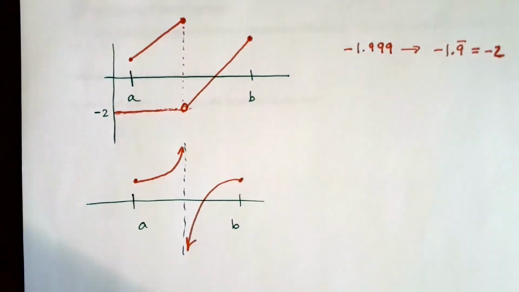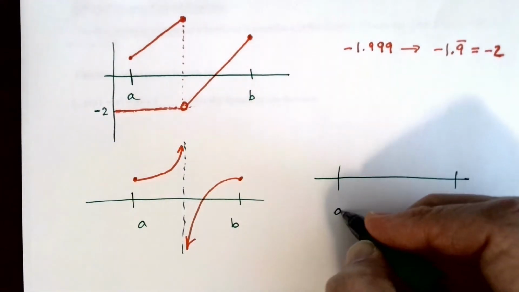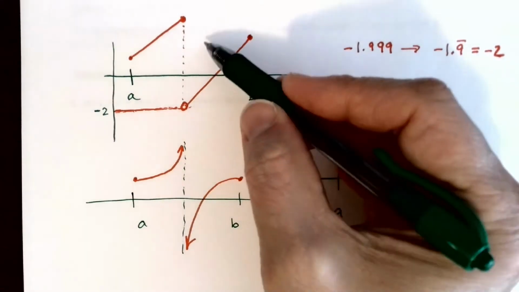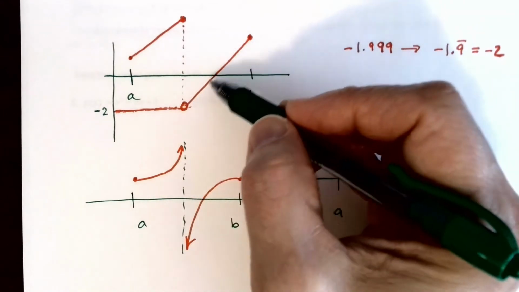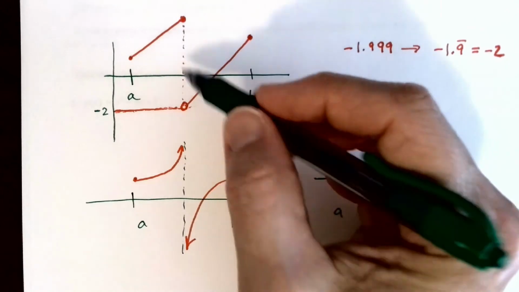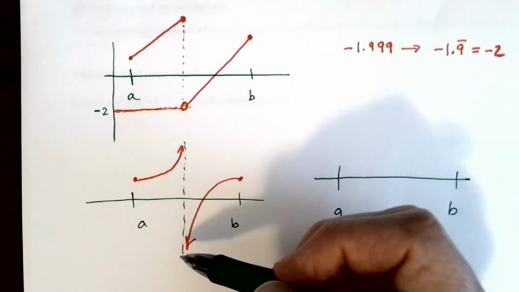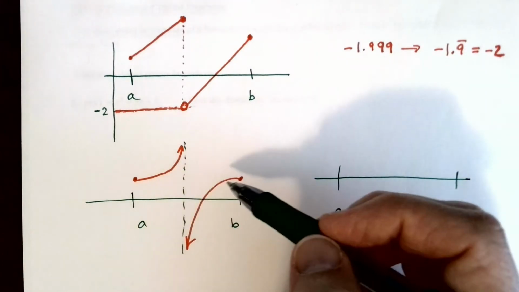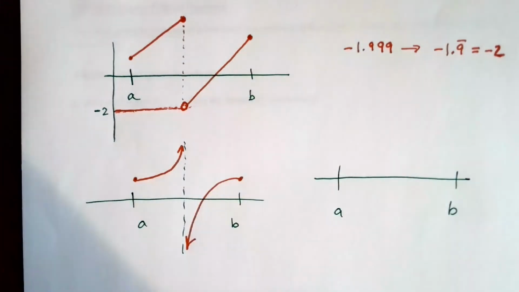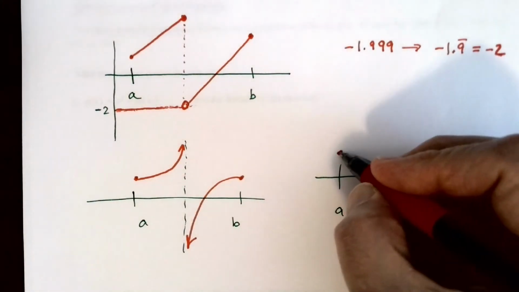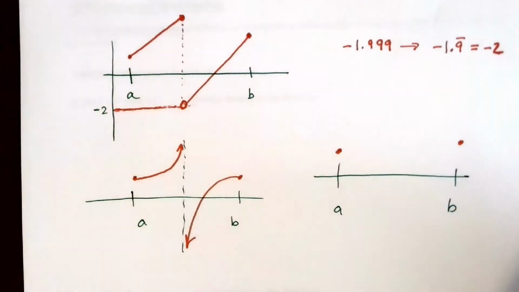However, if again I force the issue and say you must be continuous, then if it is continuous, I can't have this situation, right? Because the limit doesn't exist here. The limit from the right and the limit from the left both exist, but they're not equal. Here, the value of the function doesn't even exist, and the limit doesn't exist either, so we're not continuous. But if I force the issue and say I have to be continuous going from A to B, then I can't have any holes, gaps, jumps, vertical asymptotes, anything like that.